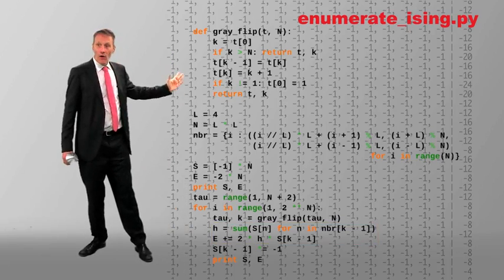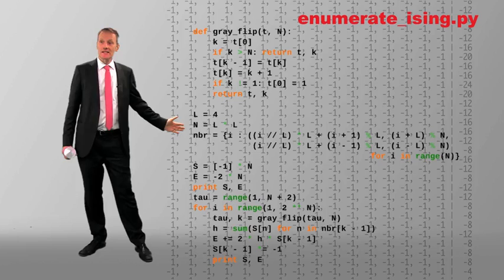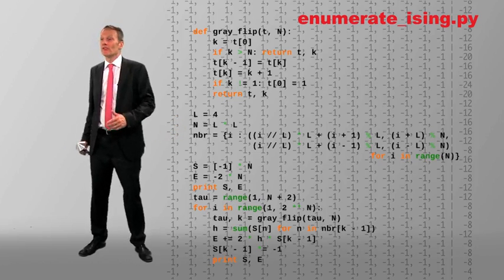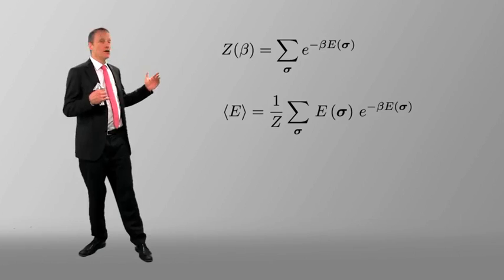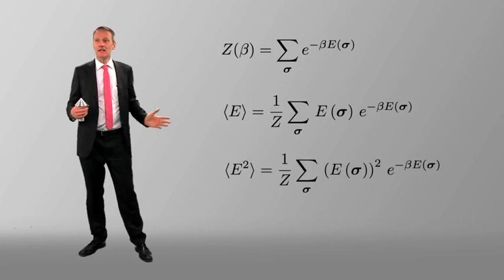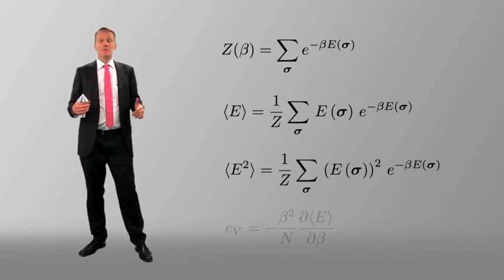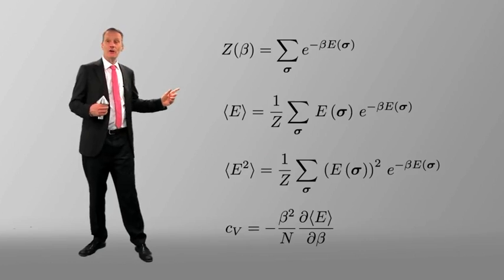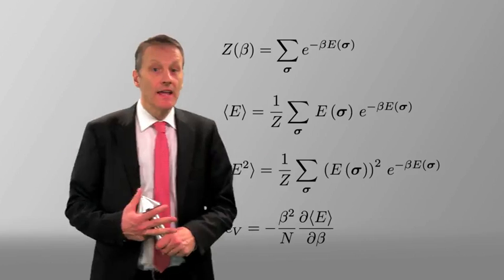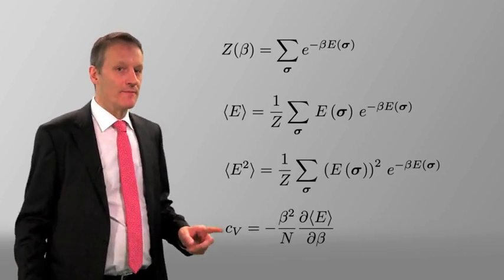Keeping track of the energy like this, we can compute the partition function as a function of temperature, the mean energy, the mean square energy, and the specific heat, the change of the mean energy with temperature. There are two things to notice.